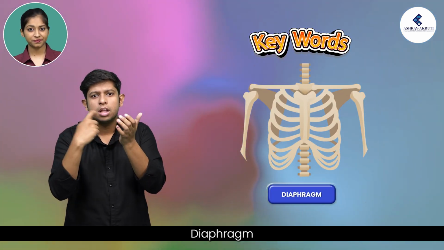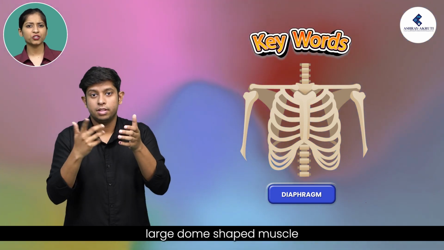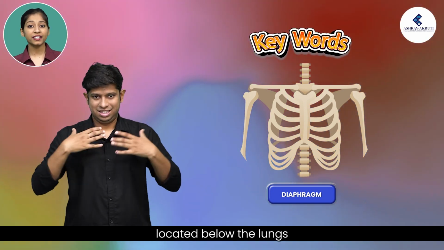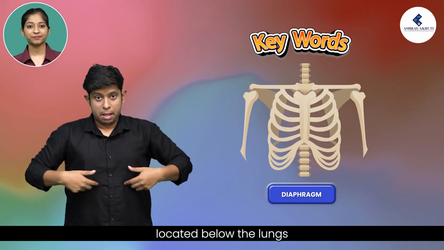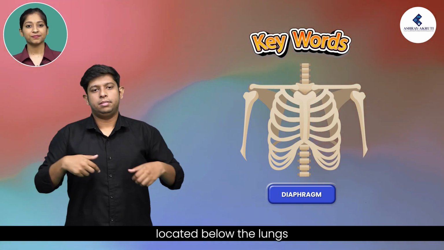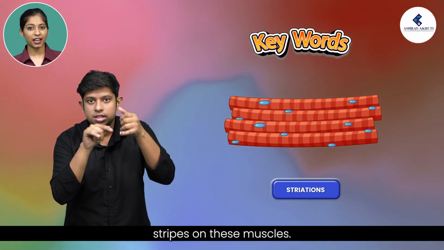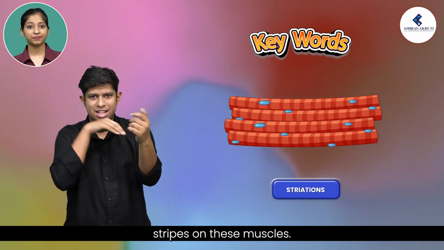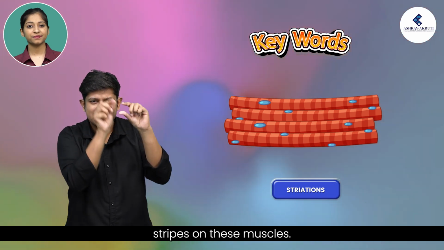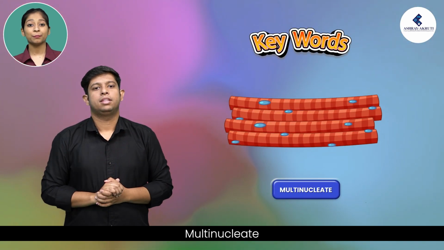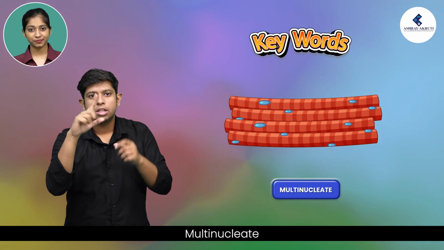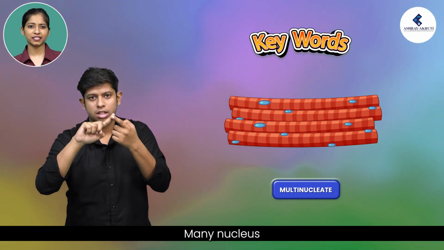Diaphragm, large dome-shaped muscle located below the lungs. Striations, stripes on these muscles. Multinucleate, many nucleus.